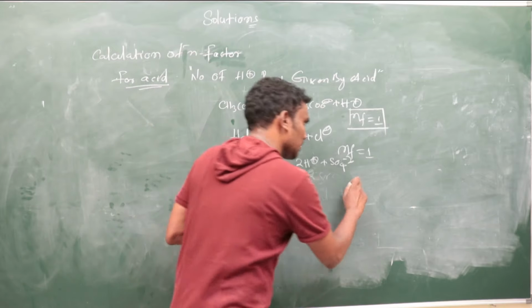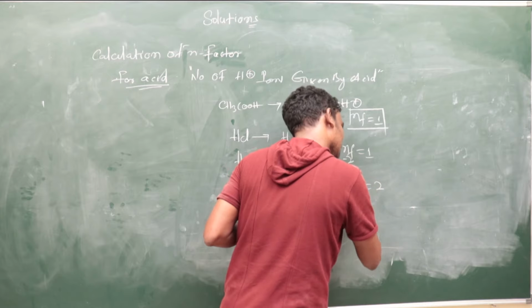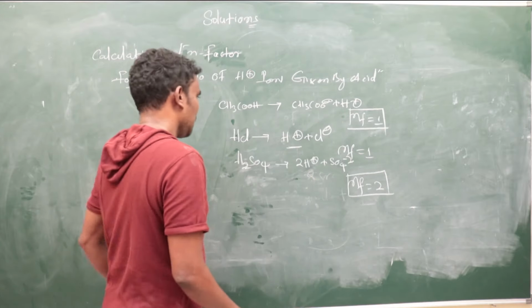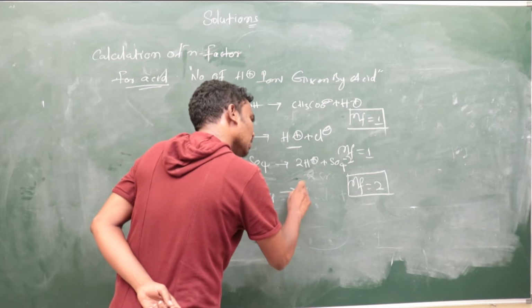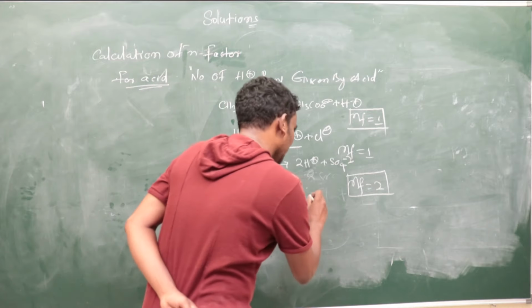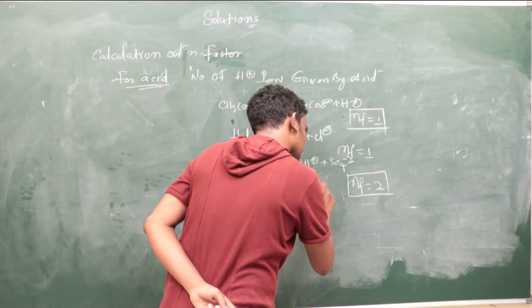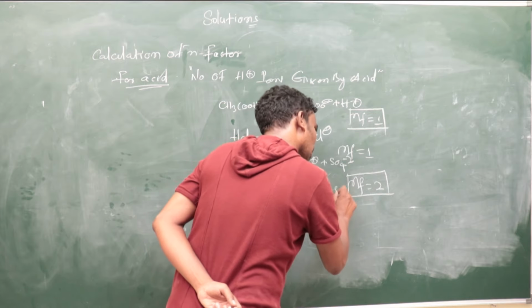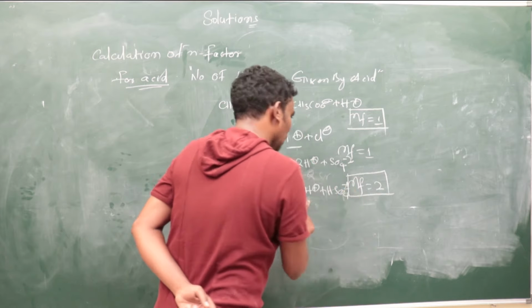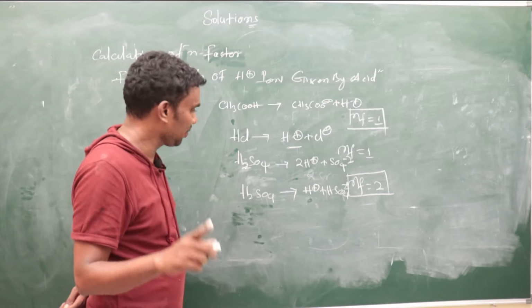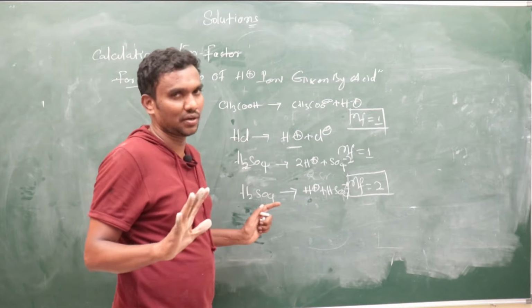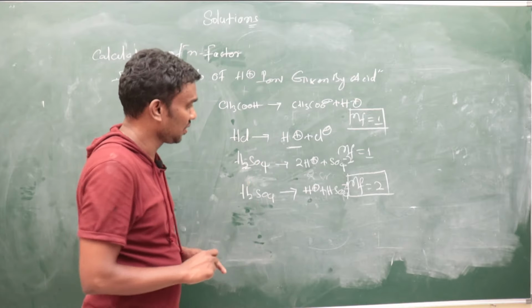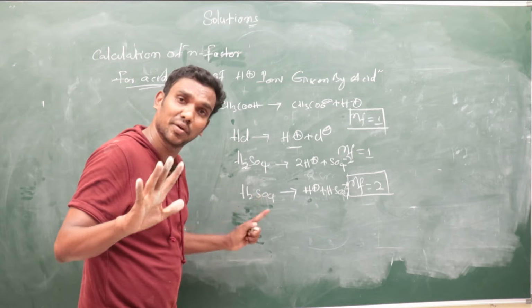Again, with H2SO4, the possibility is only 1 H plus, giving HSO4 minus. So what is the n factor here? 1. Why? Because n factor depends upon the chemical reaction. Please remember, n factor depends upon the chemical reaction.